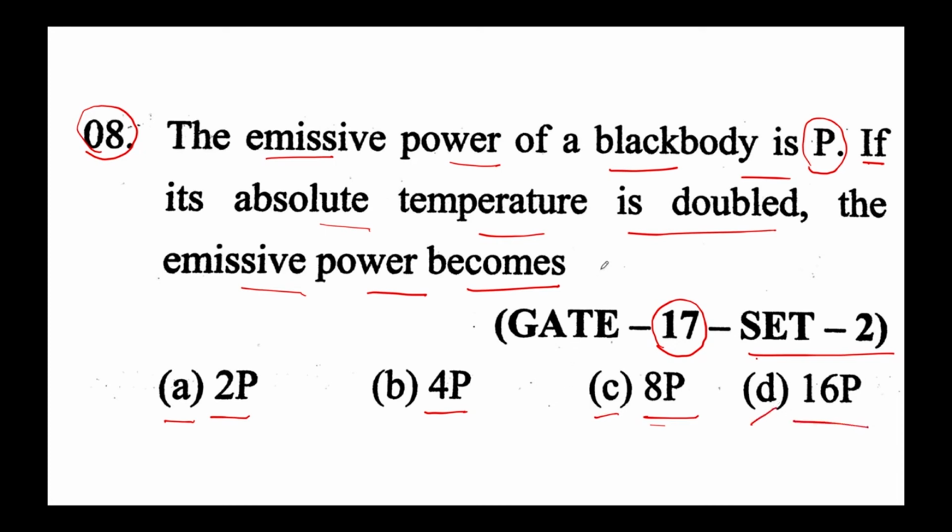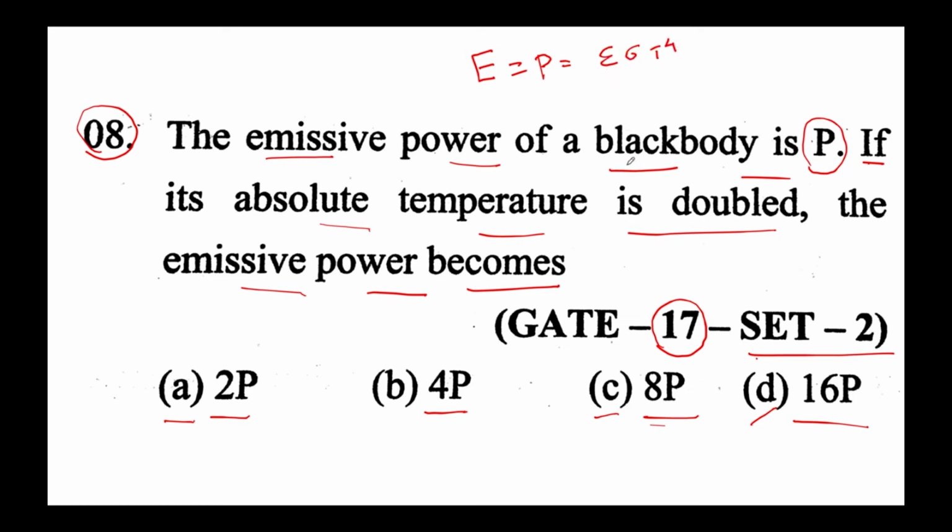See, whenever there is a statement like this, you need to go for the comparison of the two cases, right? Now we know that emissive power is usually designated as E, and here in this question they have asked you to keep it as P, and that is given by emissivity times sigma T power 4.